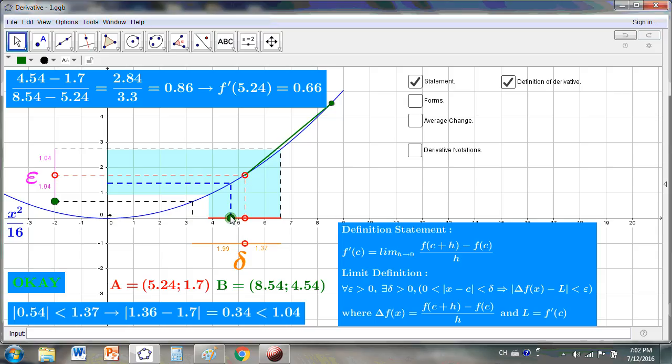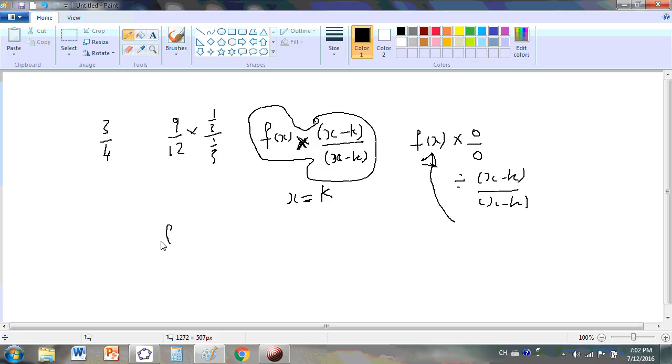You don't have this sort of problem in the new calculus. You don't have a difference quotient like this, where you have to introduce a condition such that h cannot be 0.